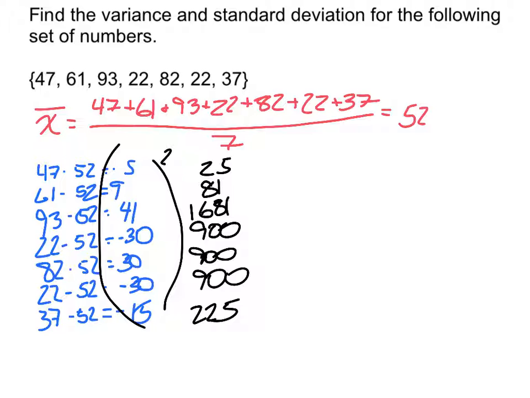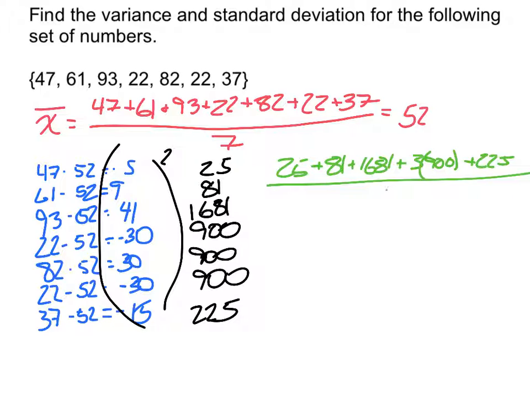So we're going to add together 25 plus 81 plus 1681 plus 3 900s plus 225. And divide that by how many we had, and this result should give me my variance. So when I put that into the calculator, I get a result of 673.1. So there's the variance right there.